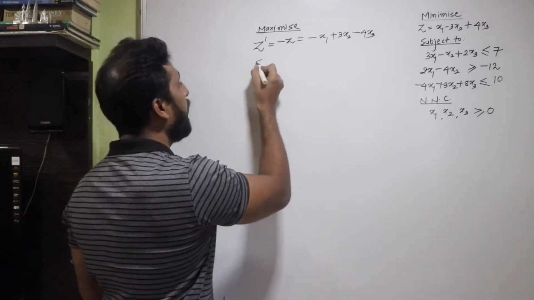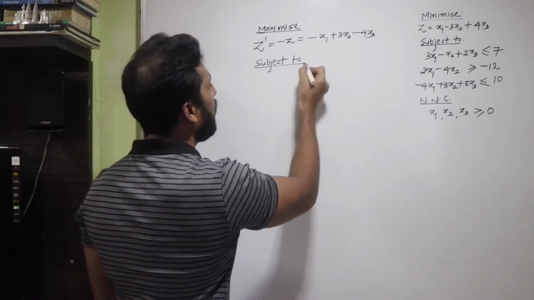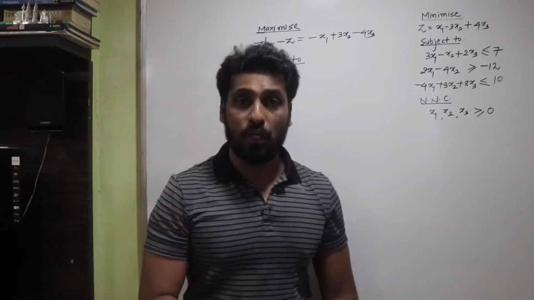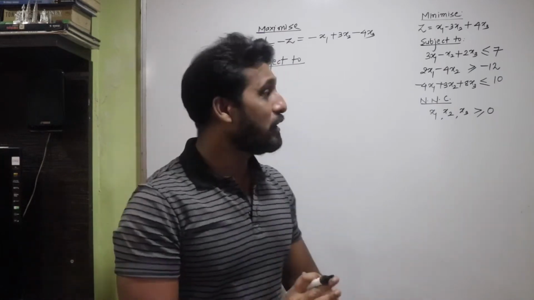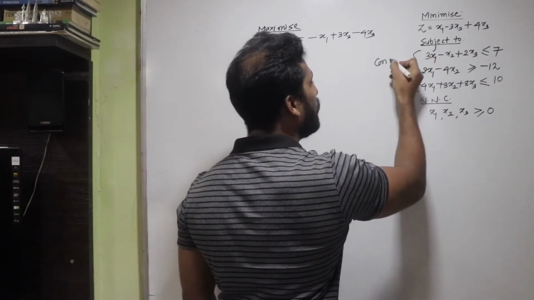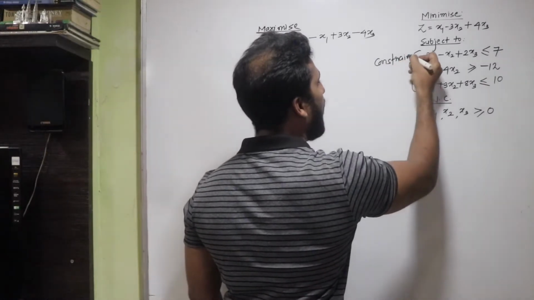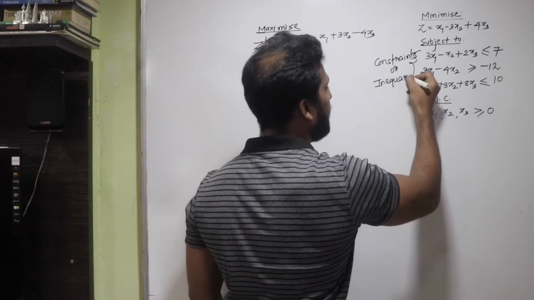Now let's move ahead with the subject to functions. The second rule is about whatever right hand side is given for a subject to function. Remember that the subject to functions are also called constraints, or inequalities, isn't it?